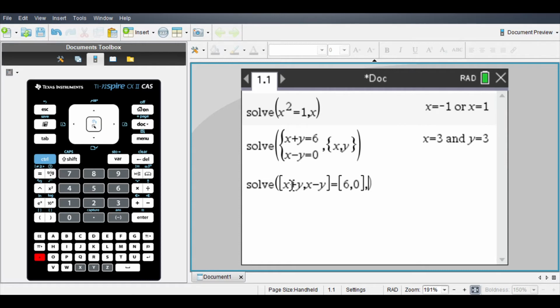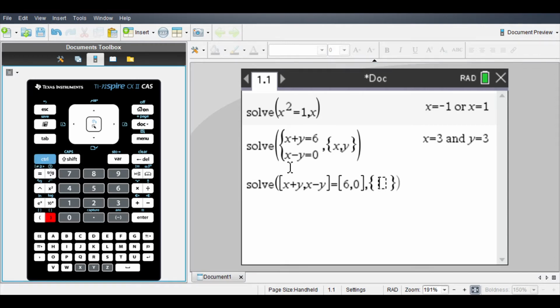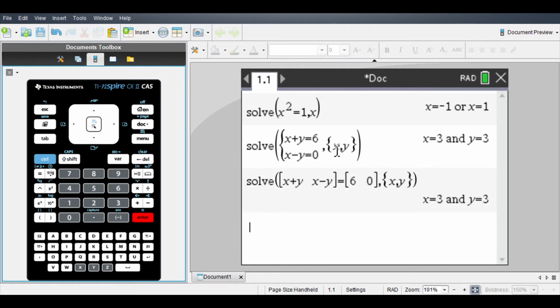And so now you have one equation but two variables to solve. And the way to do that is to use this big curly bracket to enter your variables and hit enter. So now you get the exact same results.